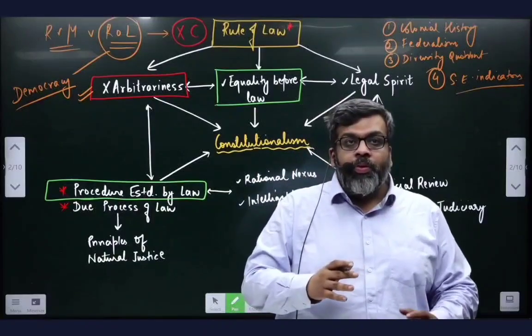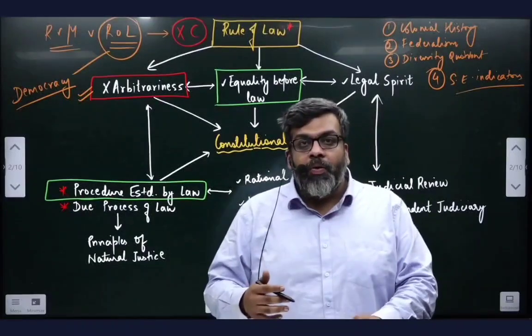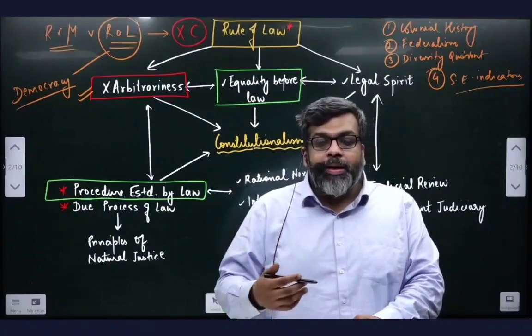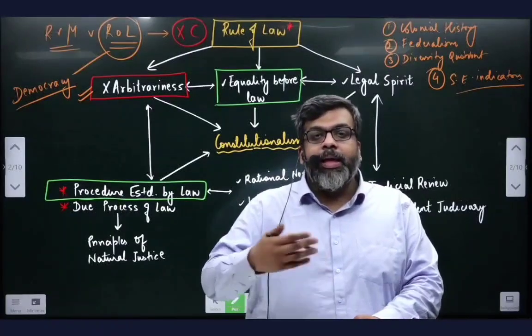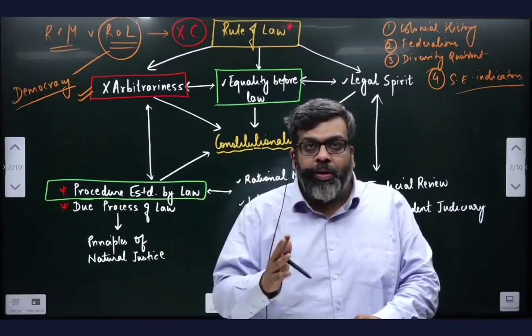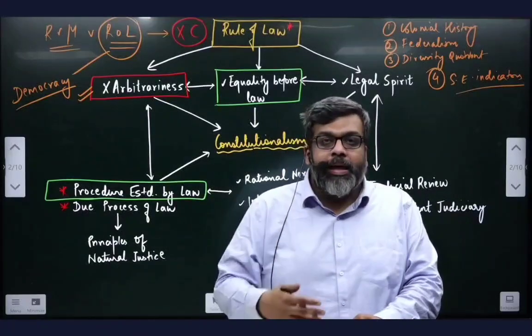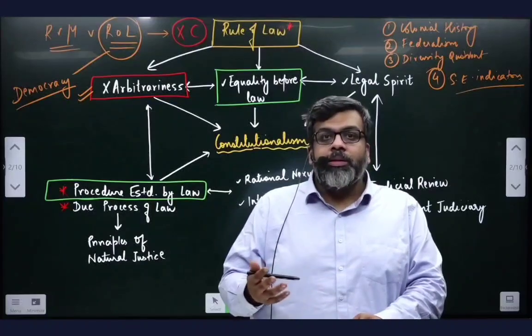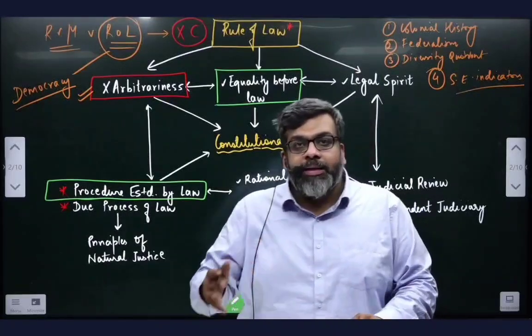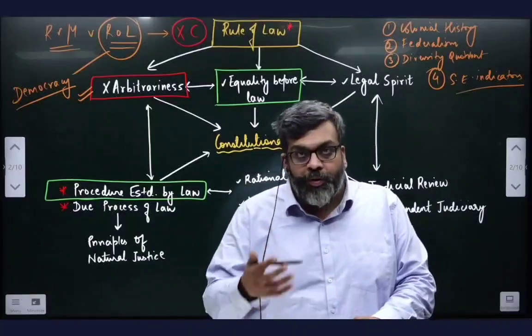There is no substantive law that is allowing you to do something. You are doing it because you think it is the right thing to do. You are applying your mind or not, but you're independently taking a decision which sounds without any justification. There's not enough rationale for you to do what you want to do.